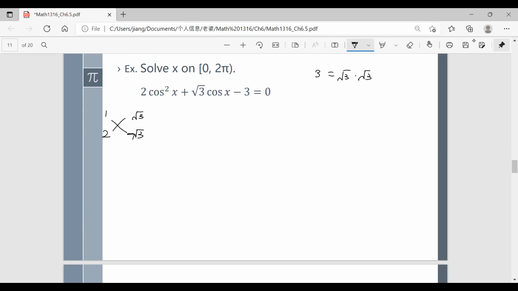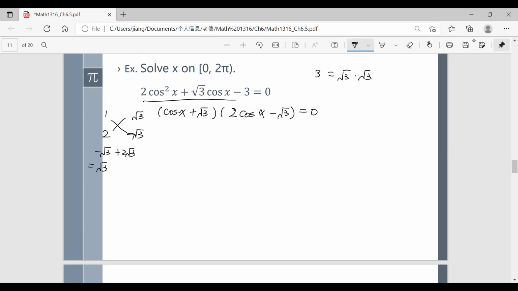1 times negative square root of 3, 2 times positive square root of 3. Negative square root of 3 plus 2 times square root of 3 equals square root of 3. This is the coefficient of cosine x. That means cosine x plus square root of 3 times 2 cosine x minus square root of 3 equals 0.